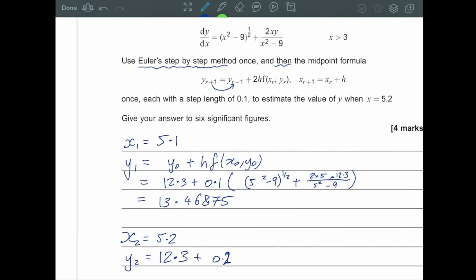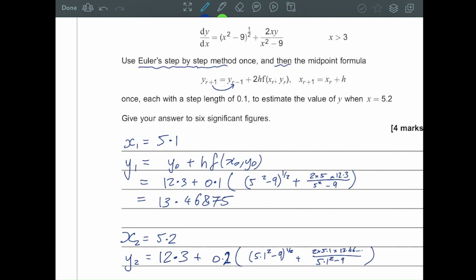So looking back to the formula, I'm going back to this formula up here. I've got my 2 steps down for my y value plus 2 lots of h, and now I'm subbing in the previous x value and the previous y value, which is that 13.46.